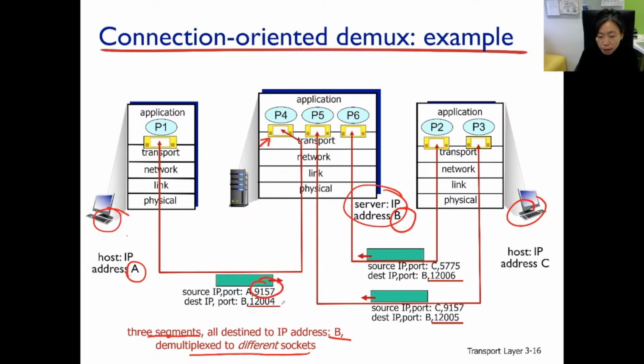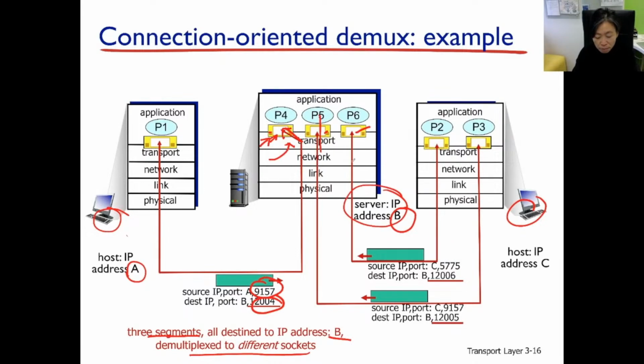Source port number and destination port number. So these four values are going to be associated with this socket. When a segment arrives at the transport layer matching the 4-tuple, it goes to the socket. Similarly, for each of the sockets, the 4-tuples are stored, and the transport layer looks at the packet header, and when there's a match, passes it up to the socket and to the process.